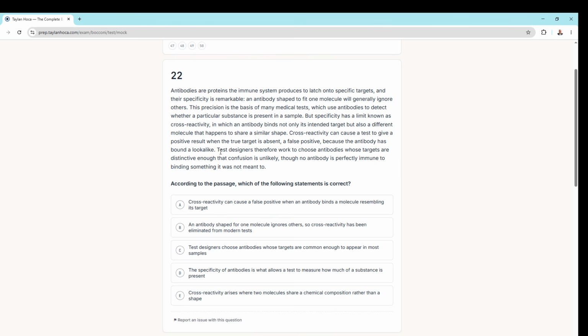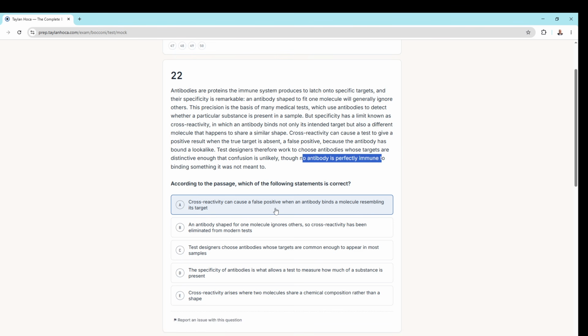So, the antibody targeted something similar. Test designers therefore work to choose antibodies whose targets are distinctive enough that confusion is unlikely. Though no antibody is perfectly immune, in each antibody there is a problem in that sense.